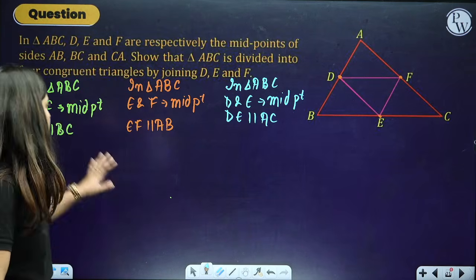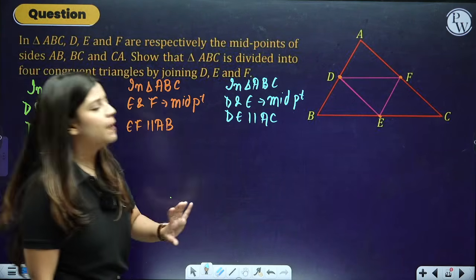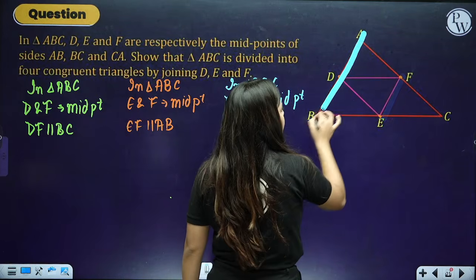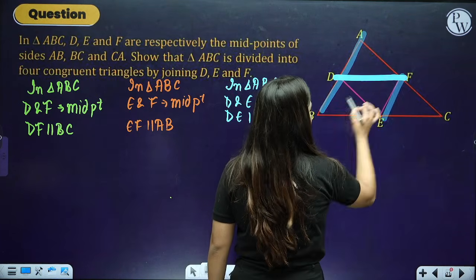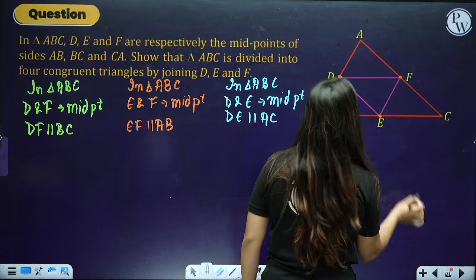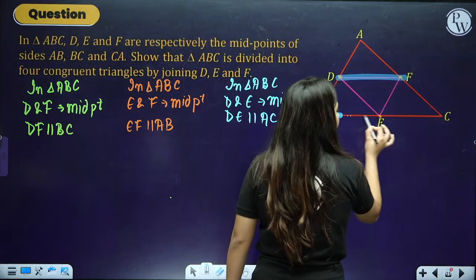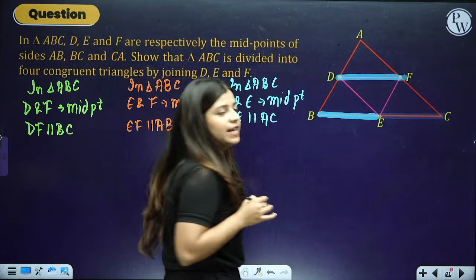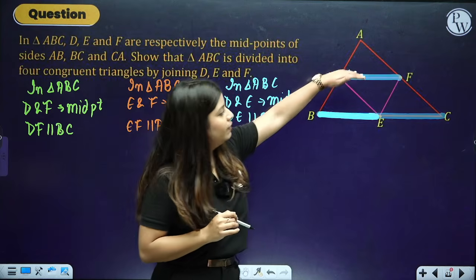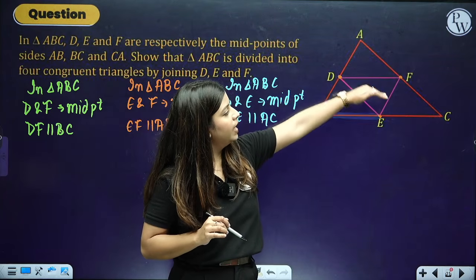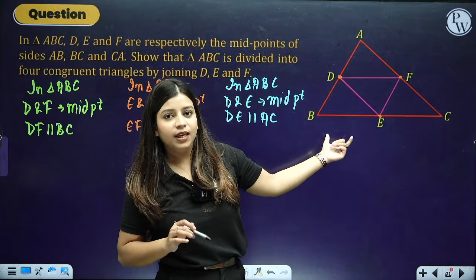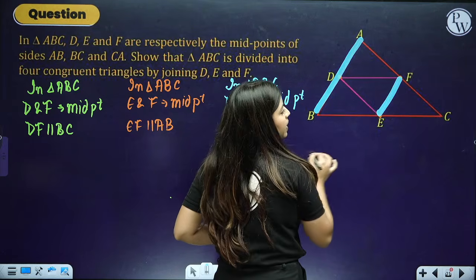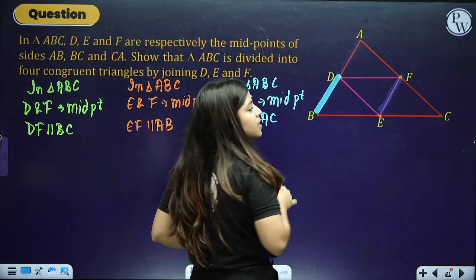Now see, from the first part, look at this figure very carefully. If DF is parallel to BC, so DF will also be parallel to BE. Yes or no? If this whole line is parallel to this whole line, DF will also be parallel to BE. Similarly, if EF is parallel to AB, so EF will also be parallel to DB.